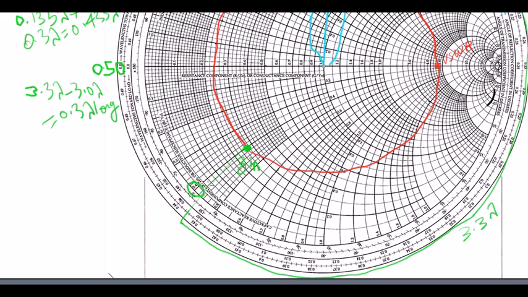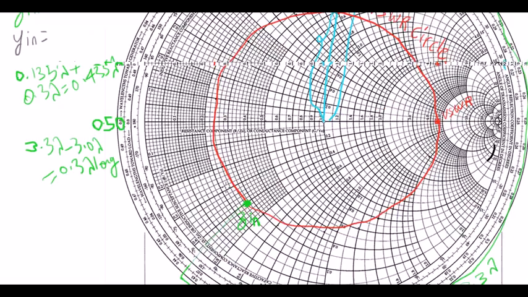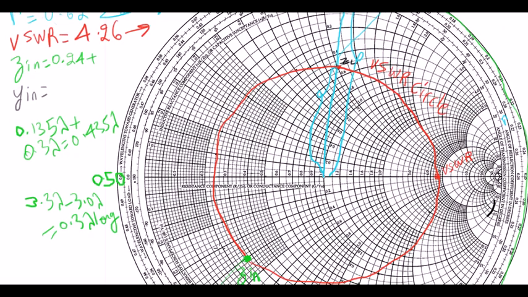It's this value, 0.4, but it's on the negative side of the Smith chart, so instead of a plus here we have a minus j0.4.